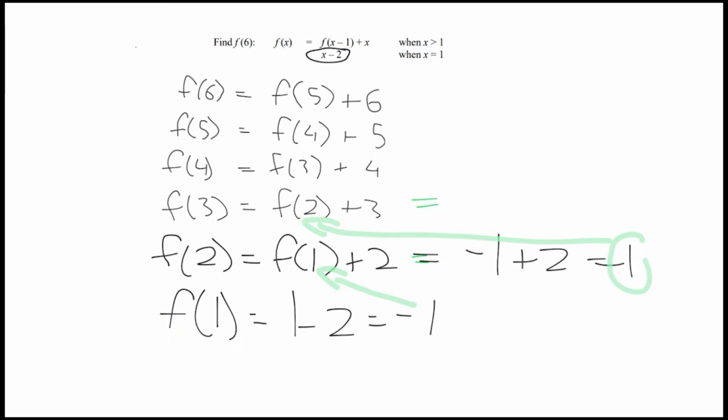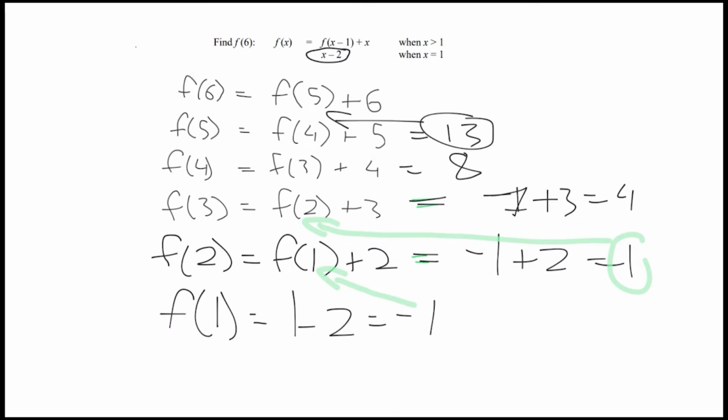So this equals just positive 1, plus 3, which equals 4. Then 4 plus 4 equals 8. 8 plus 5 equals 13. And 13 here, plug it back in, plus 6 equals 19. So your final answer is 19.